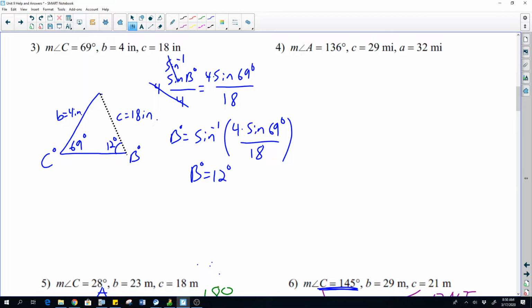Cool. So then if we want to find angle A, we're guessing that angle A is going to be huge, right? So we're going to go 180 degrees minus 69 minus 12 to find what angle A is.